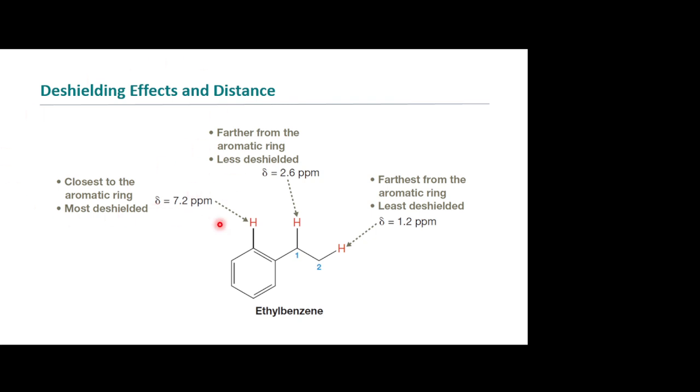So 7.2 ppm. We look here, we go one off of this, that'd be the alpha position, and what we see is we experience less deshielding, right? Because we're dropping off as we go further in distance from it. And so we get a 2.6 ppm, still pretty elevated, but not anywhere near what you would have expected from an aromatic ring.